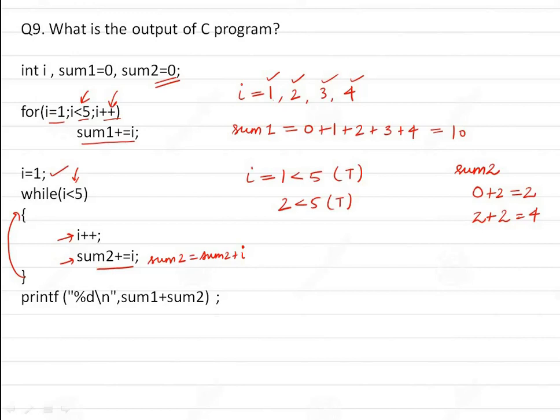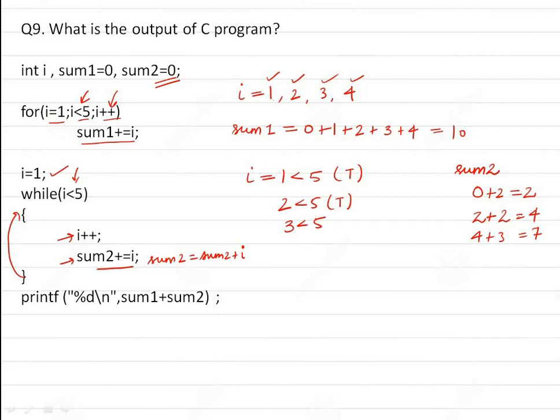At this point it has become 3, so 4 plus 3 is 7.